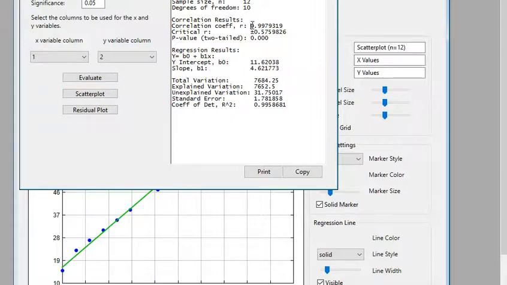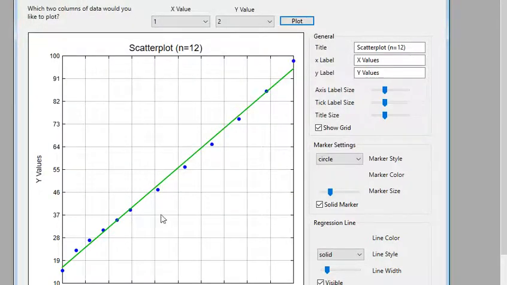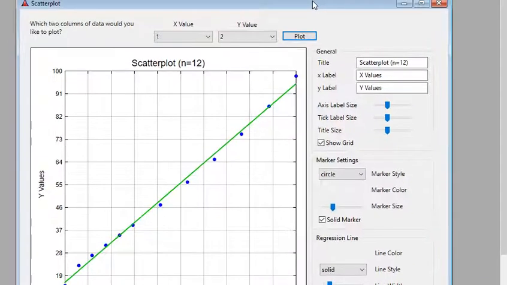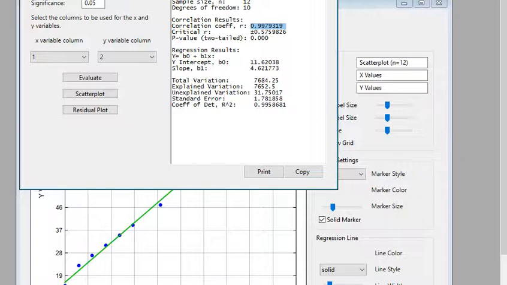R is 0.9979. Is anyone surprised that that's close to 1? When you take a look back at your graph, and these dots fall pretty tightly around that line. So it's not a big surprise that you're getting a correlation coefficient that's close to 1. Now, the test of whether or not there's a significant linear correlation is, I don't know, is that very significant?